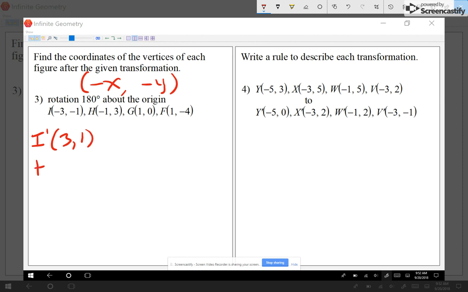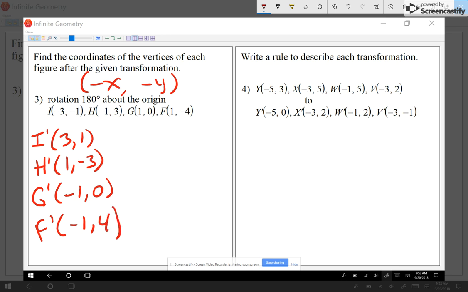H prime is positive 1, negative 3. All I'm doing is changing the signs. G prime will be negative 1, 0, because there's no such thing as negative 0. And F prime is going to be negative 1, positive 4. Just change the signs. On the notation on the board, that little negative doesn't mean make the number negative. It means change the sign.